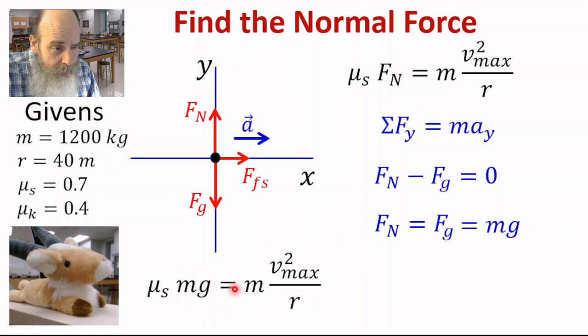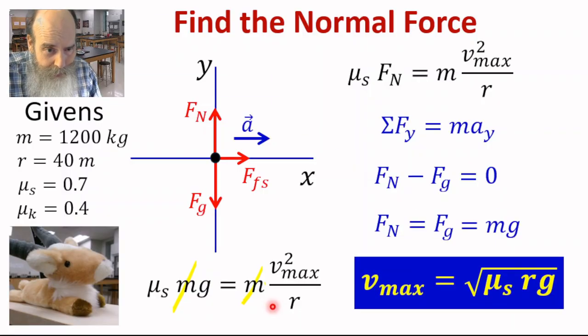μs mg equals m Vmax squared over r. Notice here that we have m on both sides of the equation. So let's cancel these m's on both sides of the equation. The result doesn't depend on the mass. So we make that cancellation and then we solve for Vmax.